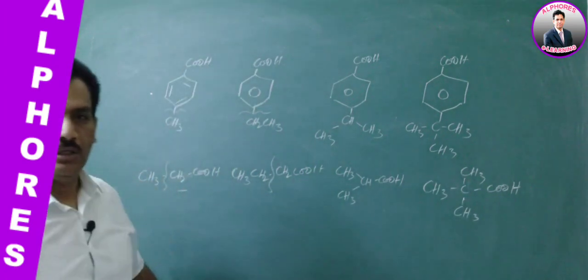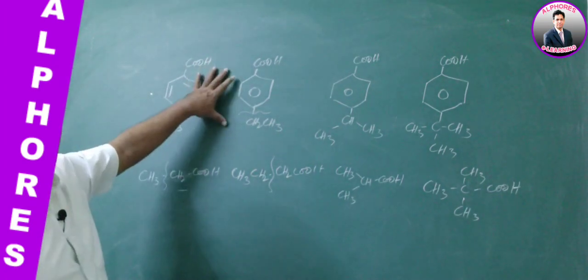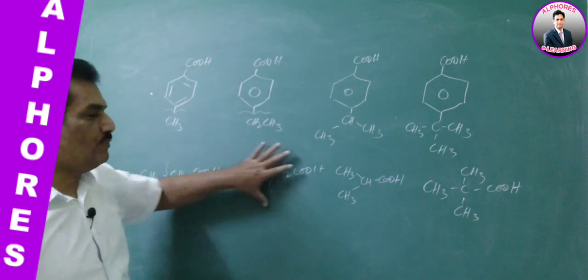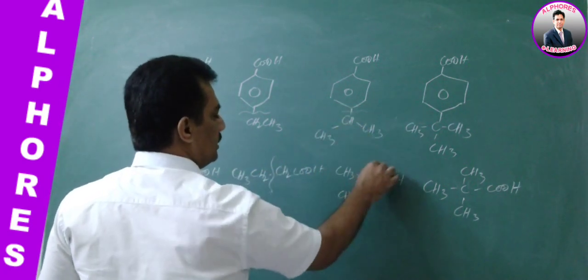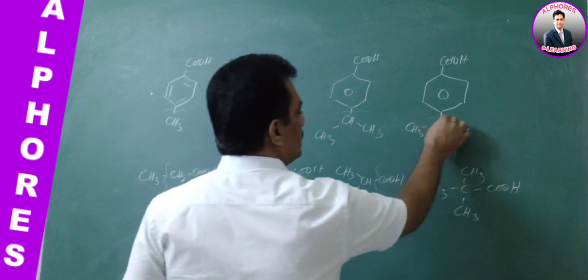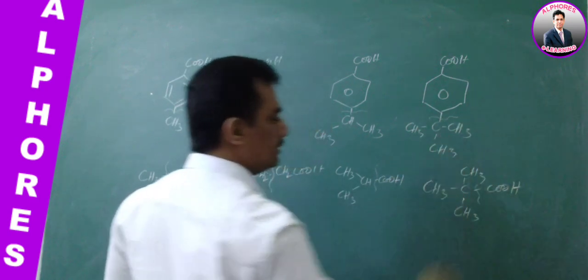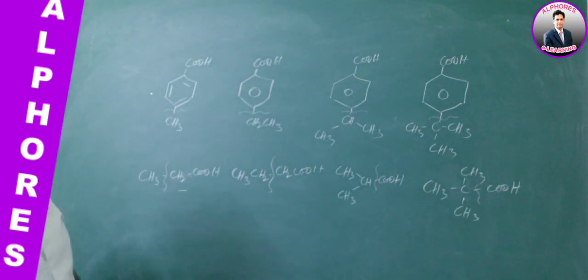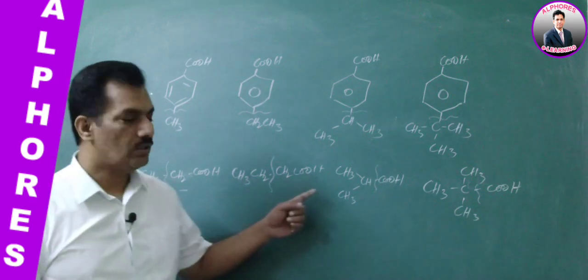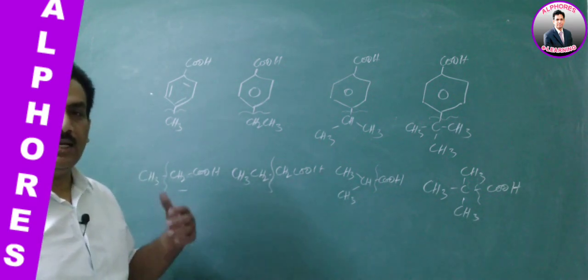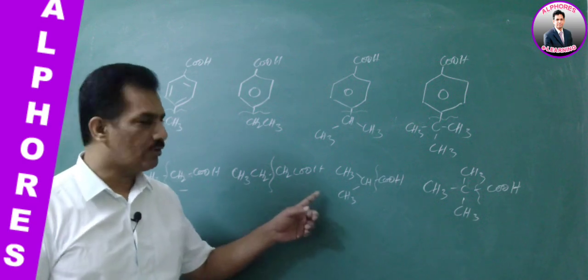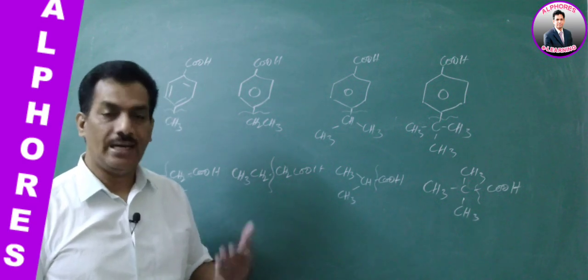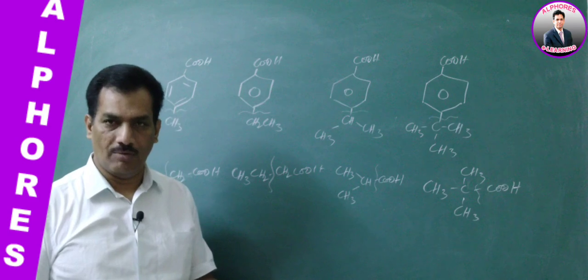Just observe, in all these it is benzoic acid and it is aliphatic acid, acetic acid. Here this is the group present, here this is the group present, here this is the group present, and here it is the group present. As we are concerned with the inductive effect, inductive effect is directly proportional to the number of carbons, and it is directly related to electron donating power.